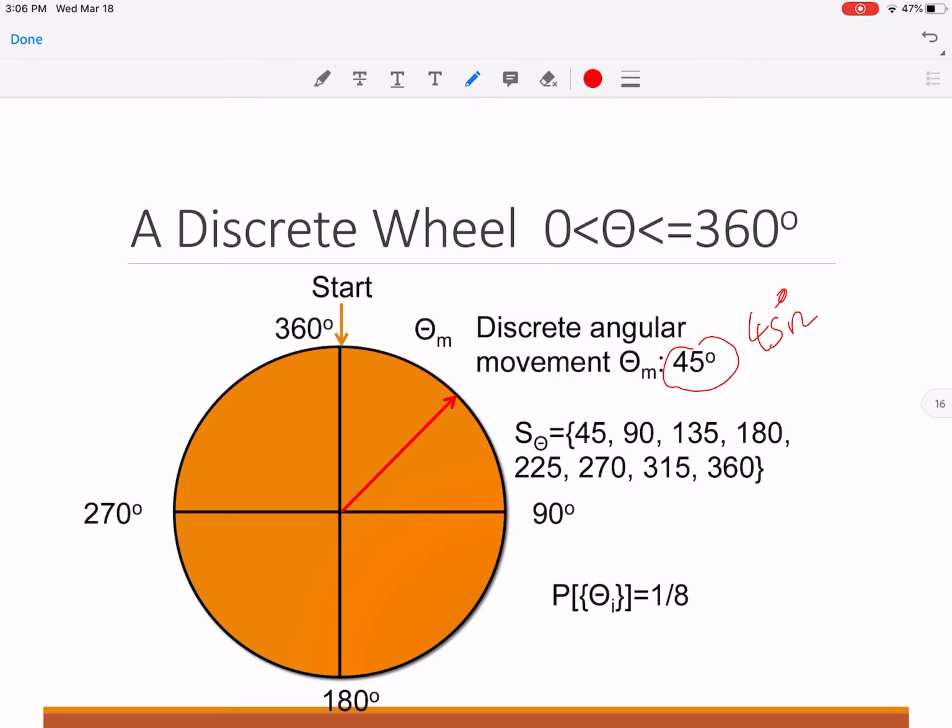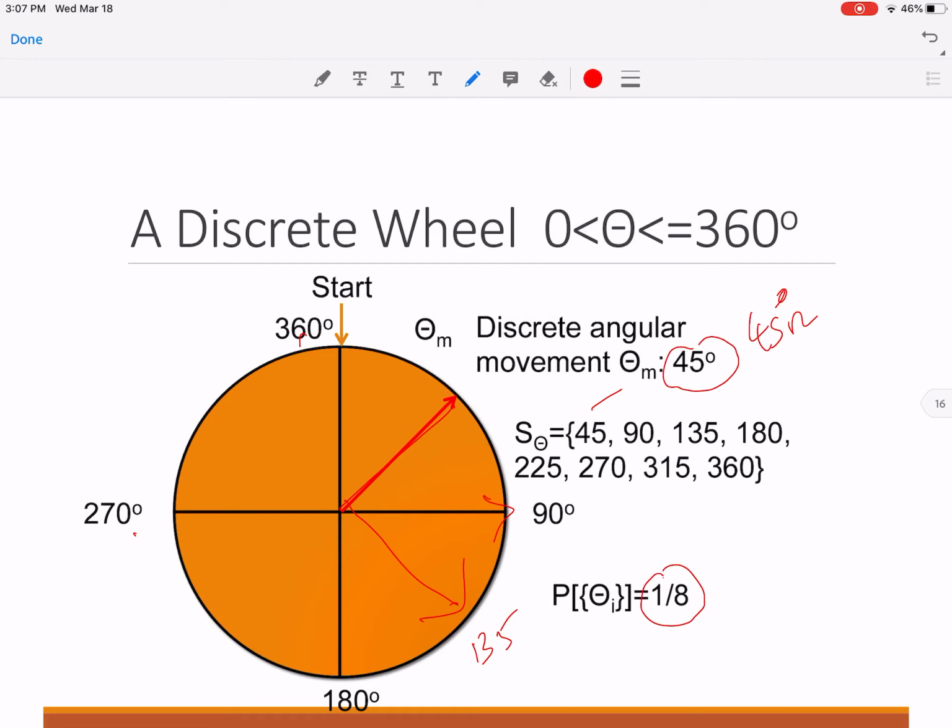So these are the possible angles where my pointer can potentially stop. It can stop right here, which is 45 degrees. It can stop here at 90, at 135, or at 180 degrees, 270 degrees, and 360 degrees. And further, let's say that each of these angles is equally likely, then the probability that the pointer stops at one of these points is going to be 1/8.